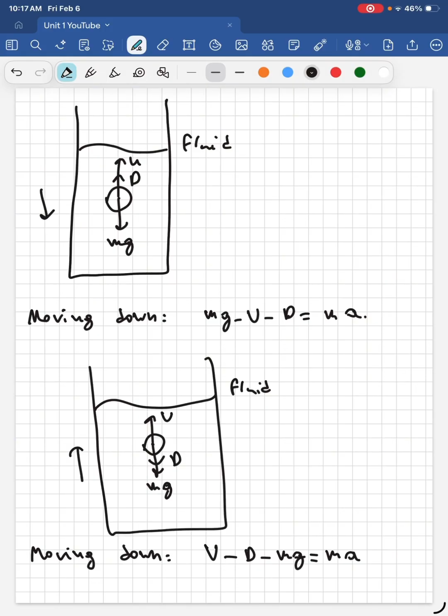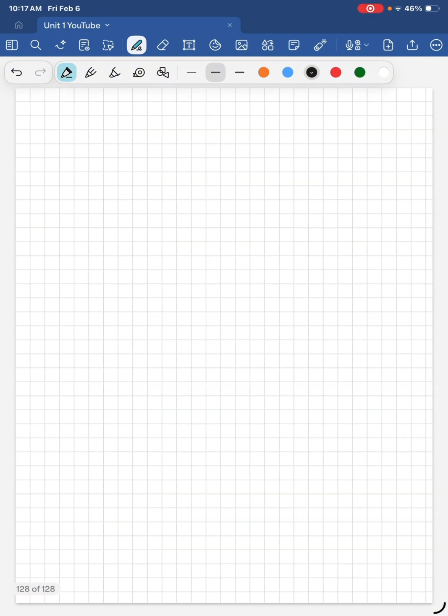And we will close this video by talking about the terminal velocity case. Okay, terminal velocity. This is the case when the acceleration is 0.